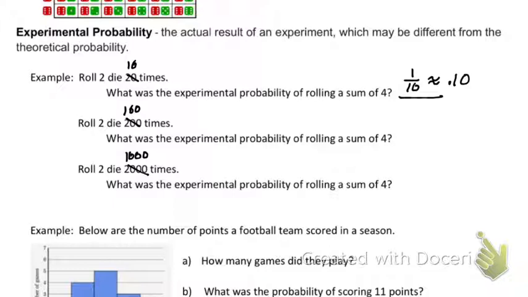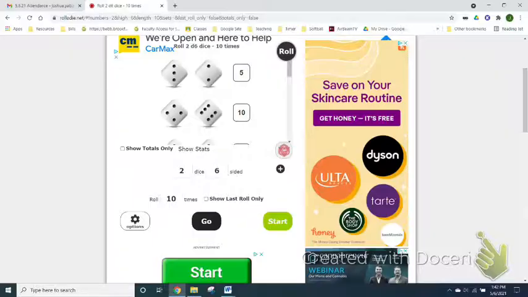Now, if I rolled the die 100 times, would it be closer to our theoretical? Or would it not matter? Maybe. Let's check. Let's change this to 100 times. We rolled it, and we're looking at the sum over here. It makes it easier, so let me know when we see.